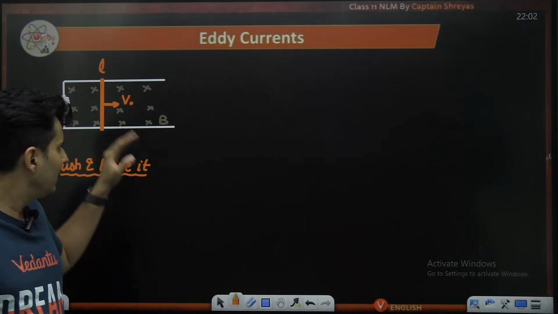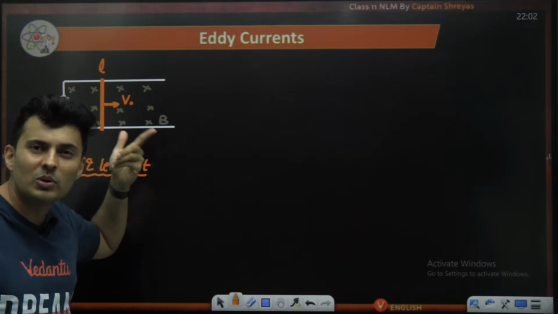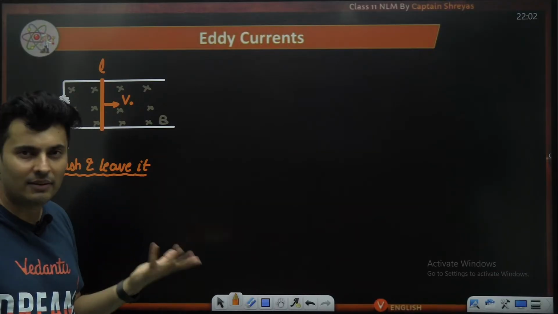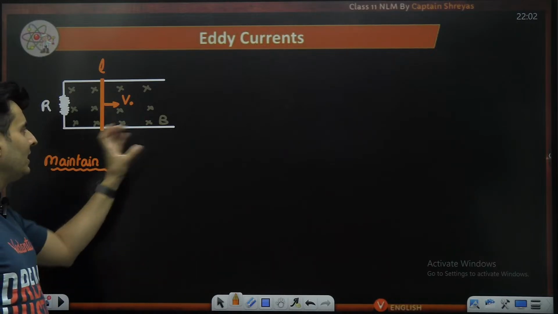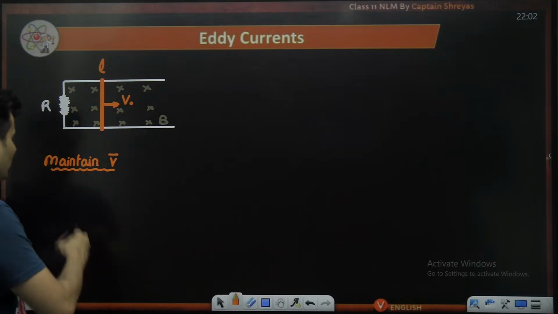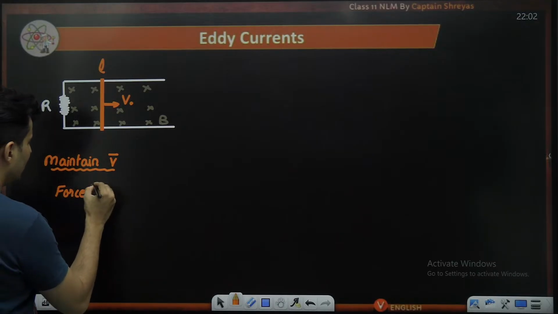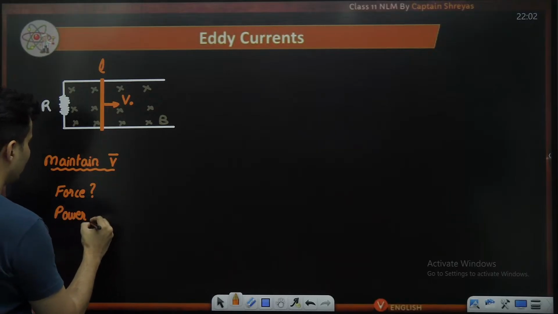When you push and leave it, I think it will eventually stop because current will be produced, heat will be there, and that heat will cause that loss and it will eventually stop. So if you don't want it to stop, you have to maintain that velocity by pulling it. So first is how much force is needed and how much power will be needed.